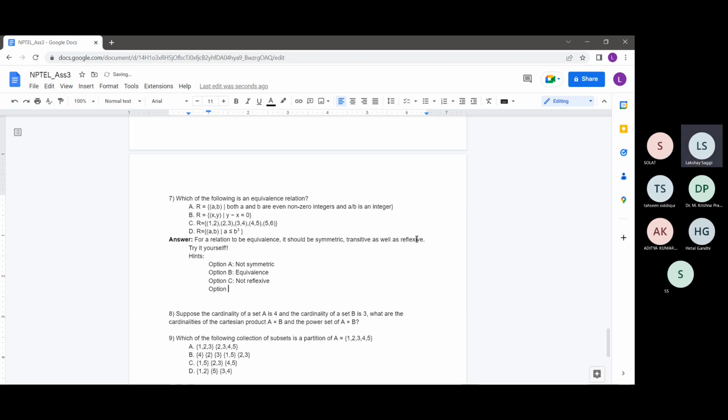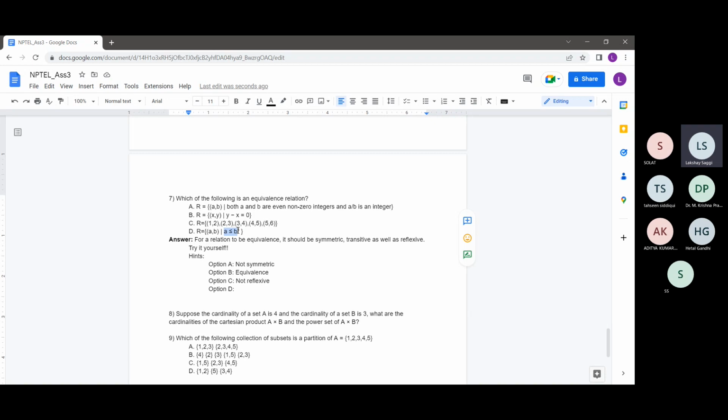Similarly, option D is A comma B such that A is less than or equal to B cubed. Let's check reflexivity: A comma A, such that A is less than or equal to A cubed. Let me think about it a bit.